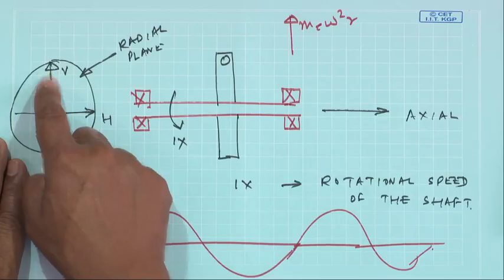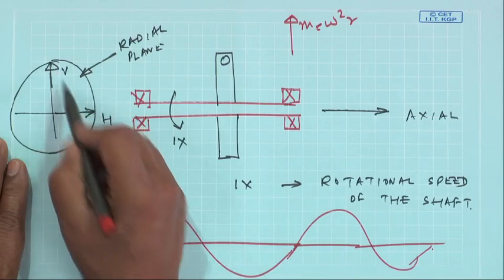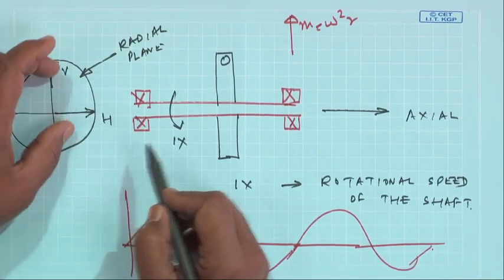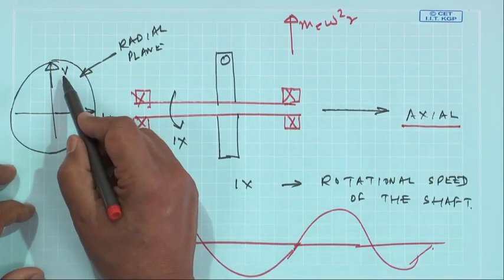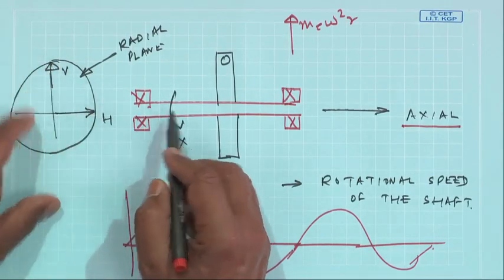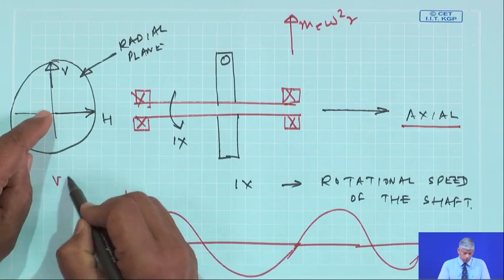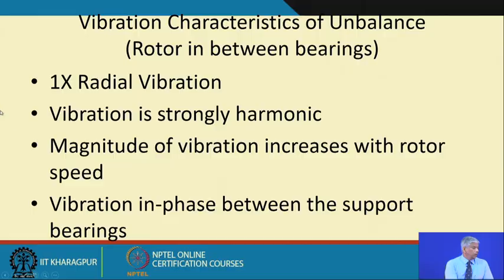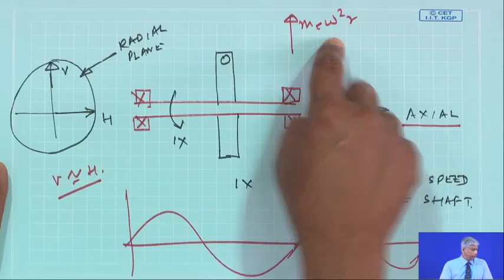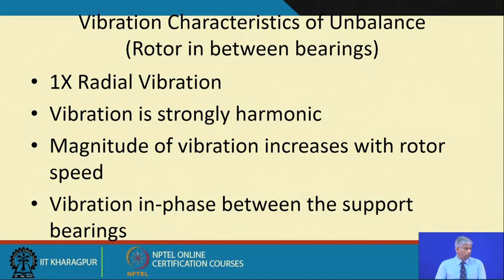If you look at the magnitude, either in V and H, they are much higher compared to axial, and usually, if this is a balanced system, V and H will be of the same order of magnitude and equal. And obviously, this will increase with rotor speed as square, and vibration is in phase between the support bearings.